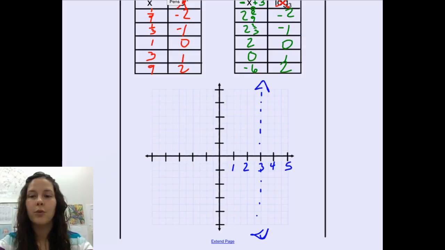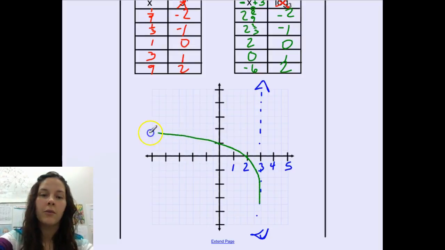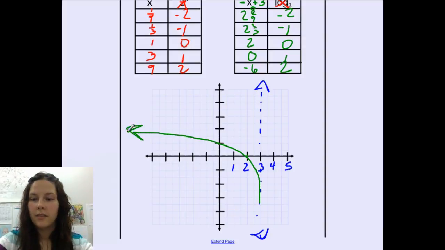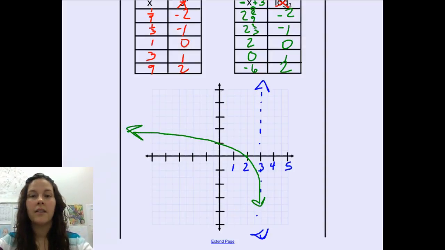Second point is 2 and 2/3, -1, 2, 0, and 0, 1. Starting close to or even on your asymptote so that you don't curve away from it. And connect your points.